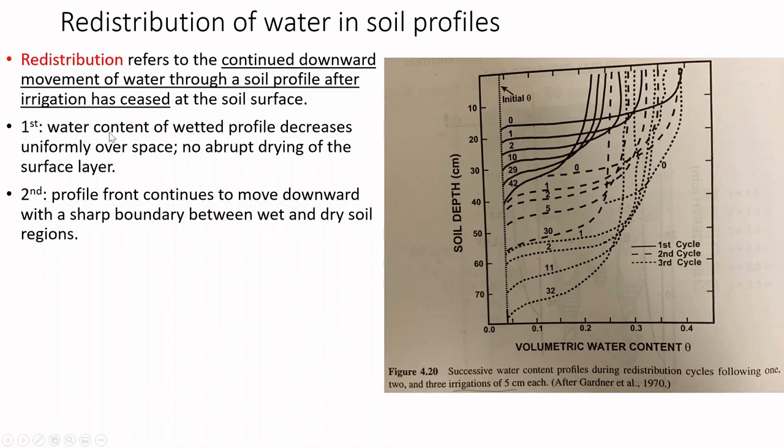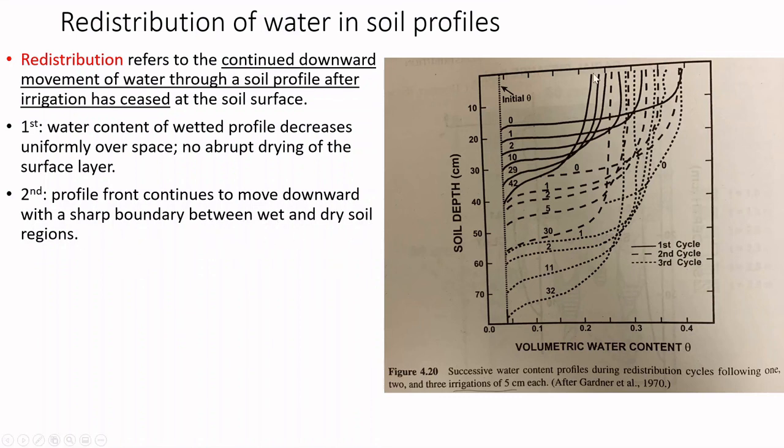Okay, so the water content of the profile decreases uniformly over space, but there is no abrupt drying of the surface layer. So the water at the surface continues to dry, but with no sudden changes. Gradually it drops in terms of water content. Second, the wetting front continues to move downward with a sharp boundary between wet and dry soil regions.